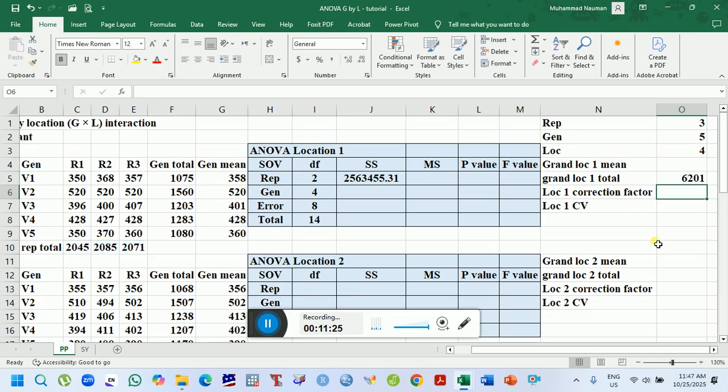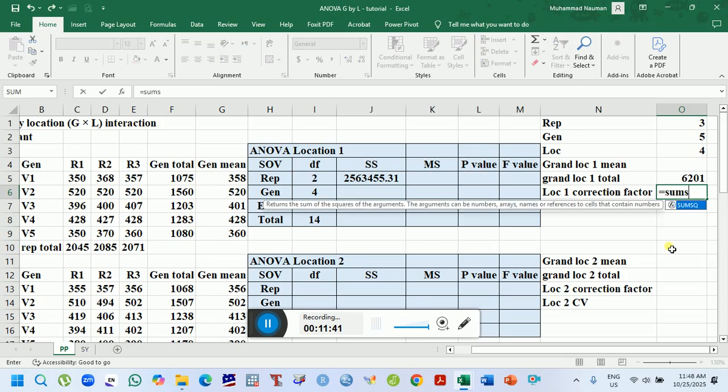Now we will calculate the location 1 correction factor. Okay, type is equal to sum of square, SUM SQ.